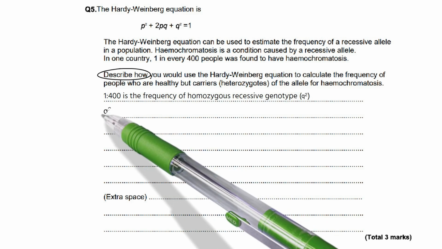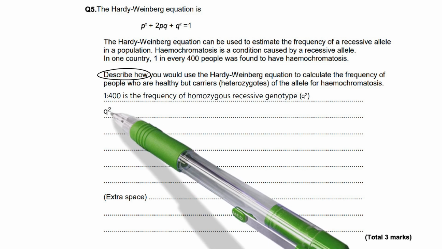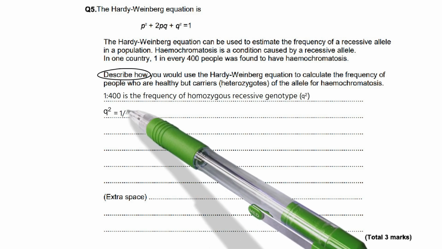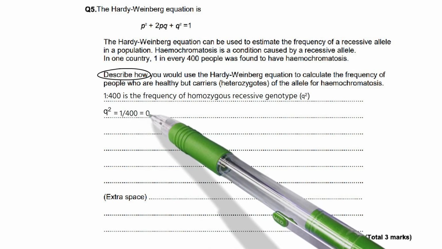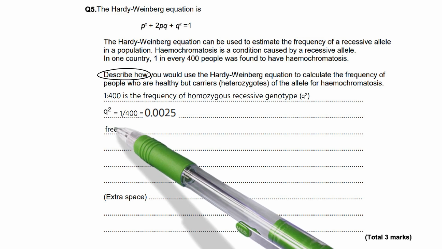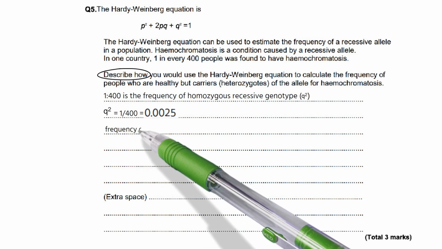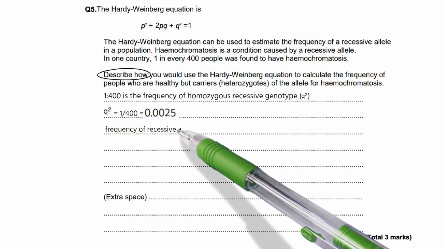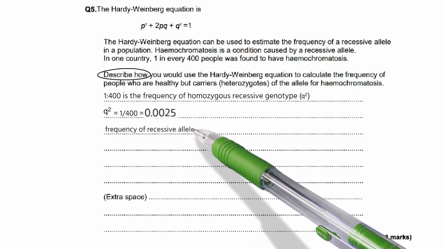We know that q squared, the recessive genotype for this calculation, is 1 in 400. So all we have to do is square root that q squared. We square root 1 in every 400 to get our recessive allele frequency instead of our recessive genotype frequency.